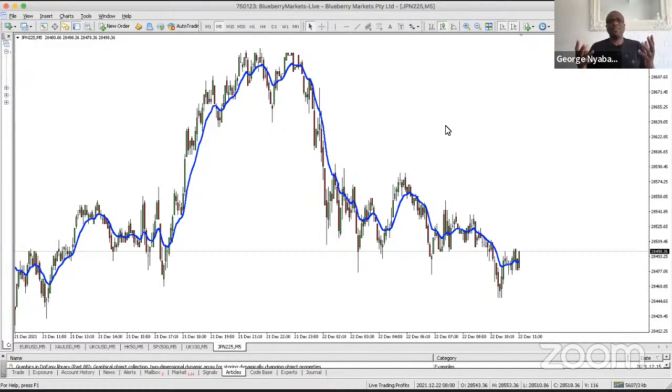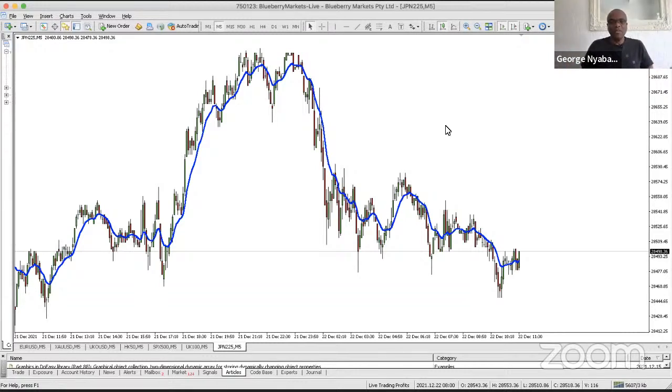Then I noticed something that was probably purely accidental, not much science to it. One day I plunked in different shorter time frame EMAs. I had a 12, I had an 8, I had a 10 over a period of time, and I realized the 10 EMA almost approximates the trend lines that I was drawing.